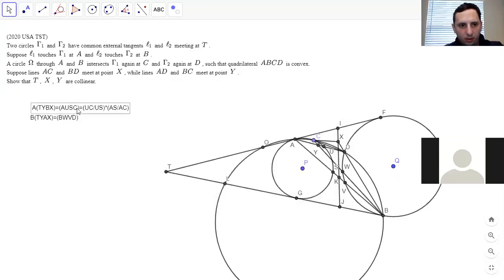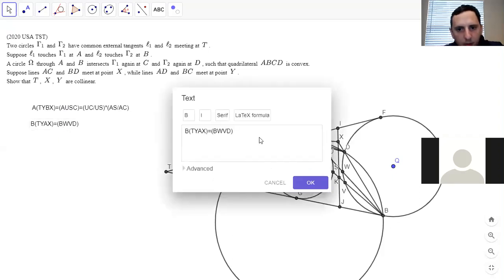And then for this one, it would be WD over WV times BV over BB.